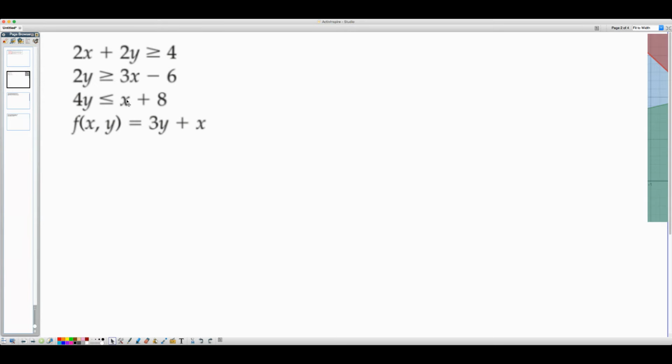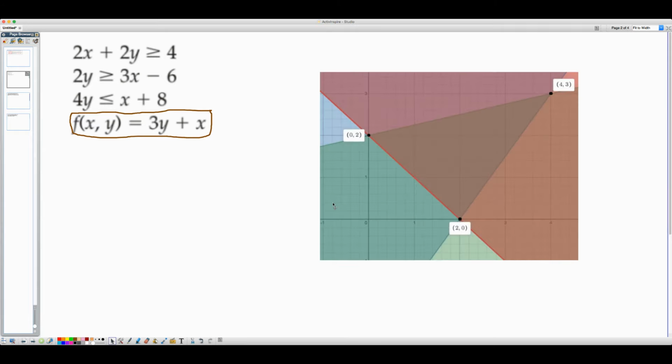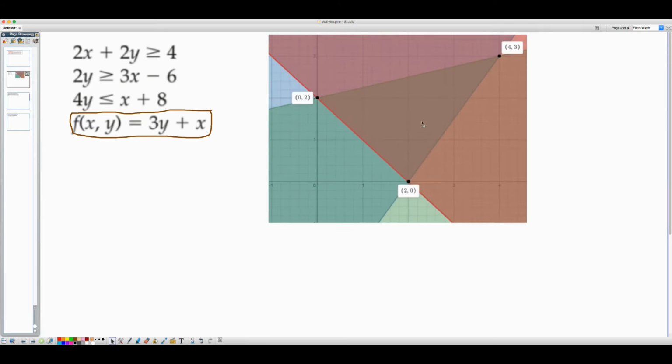Here are 3 constraints, and this last piece is the objective function. Now I'm going to pull over to the side. I've graphed this using Desmos, and you can see this red section is the first equation.